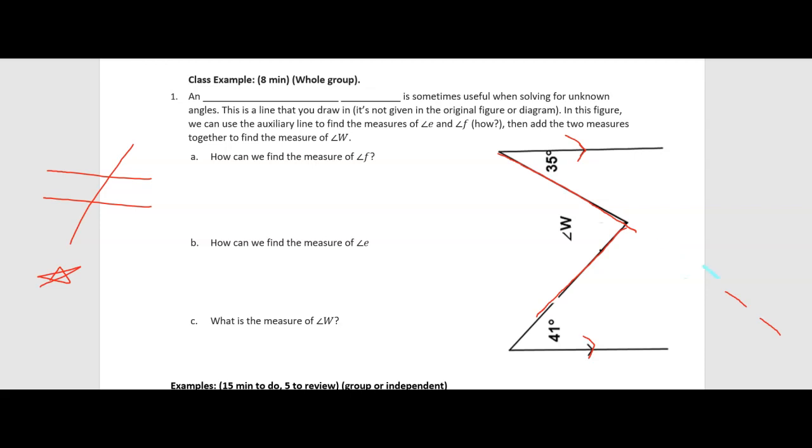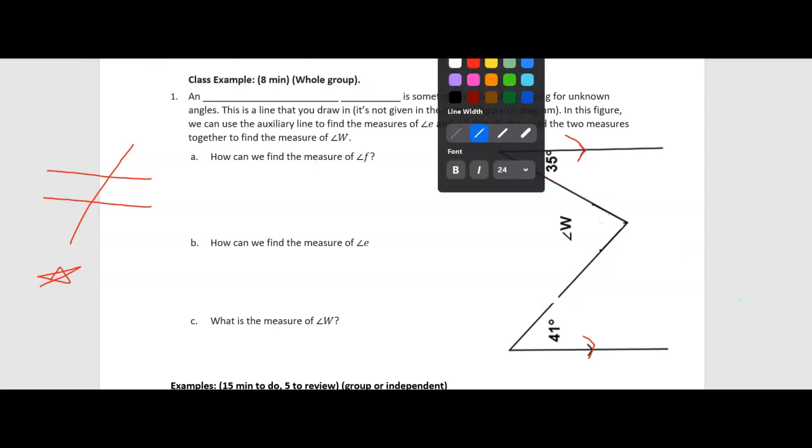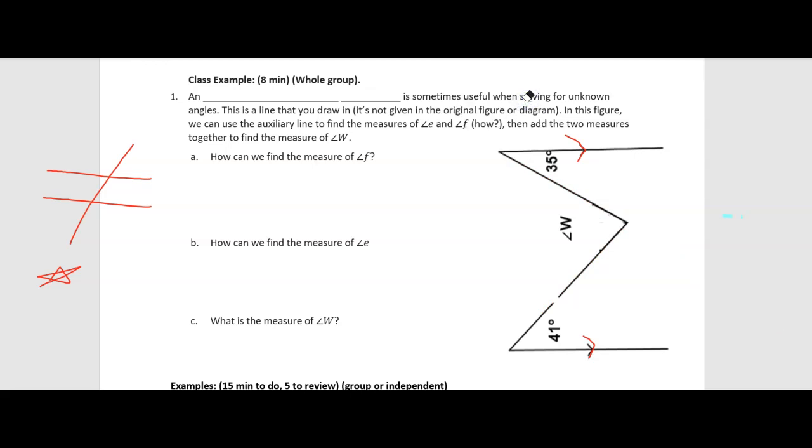And what we're going to do is draw in an auxiliary line. We're going to draw in that auxiliary line right through this angle W. And we're going to make sure that this auxiliary line is parallel to both the top and the bottom line. So we've just created two different angles.